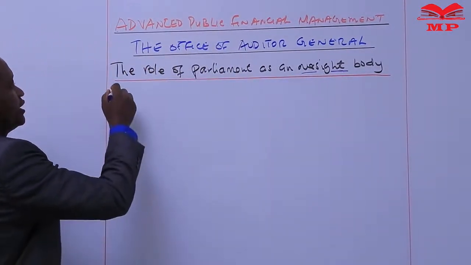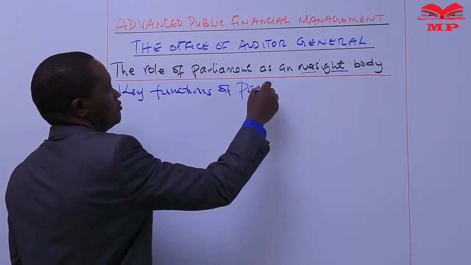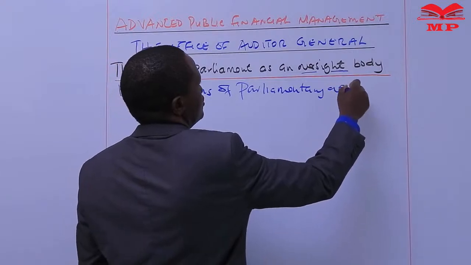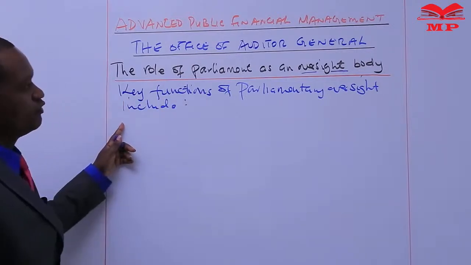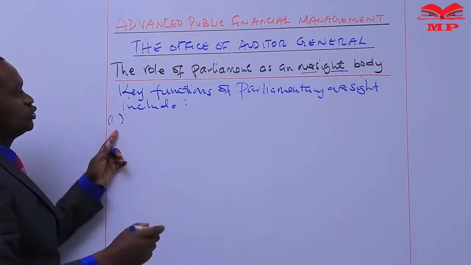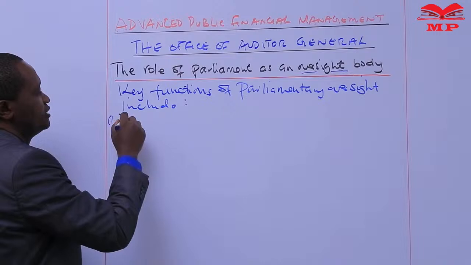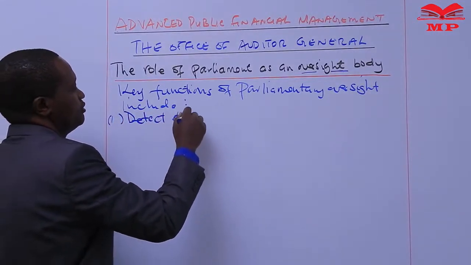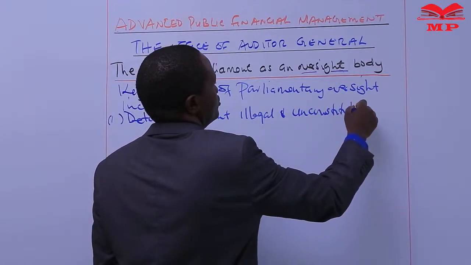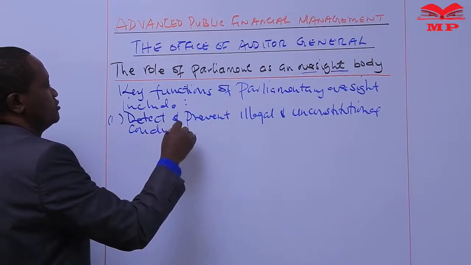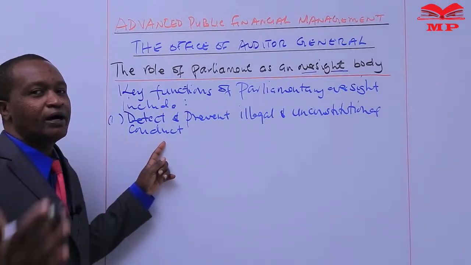So, candidates, the key functions of parliamentary oversight include, number one, to detect and prevent illegal and unconstitutional conduct on the part of the government and public agencies.